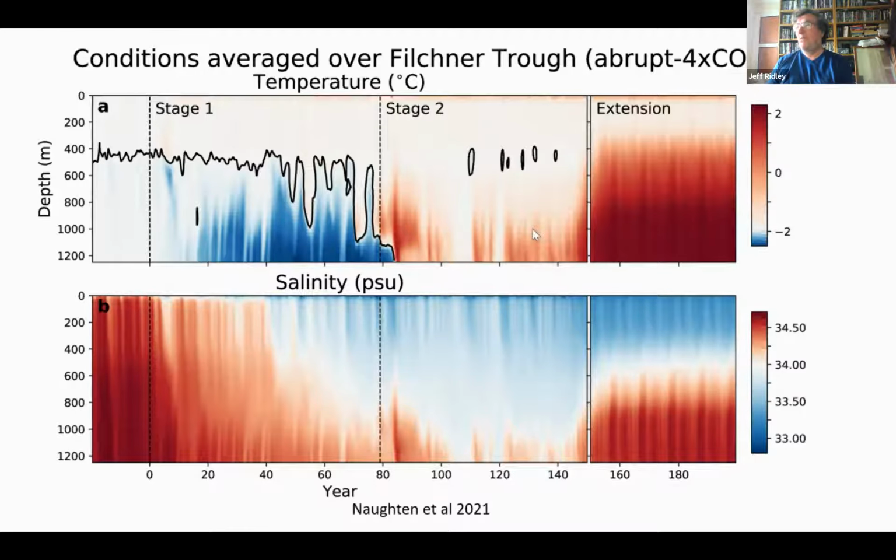And so that saline water now comes onto the shelf, just due to density.